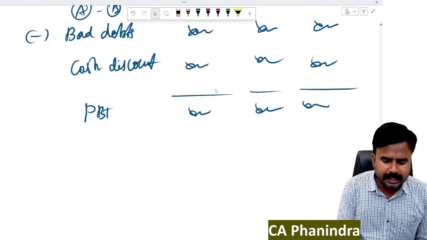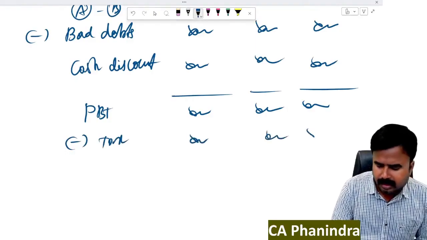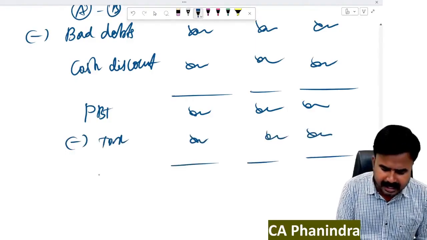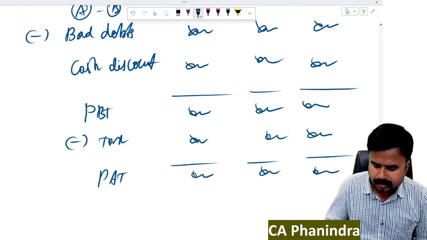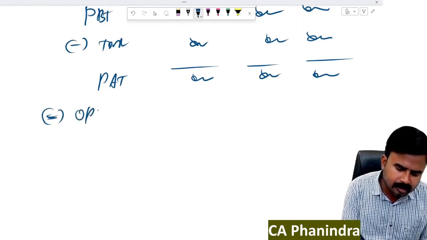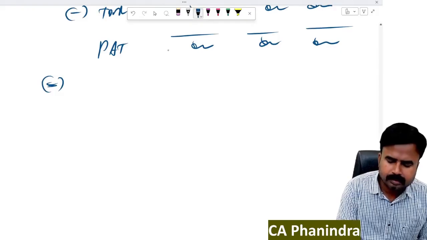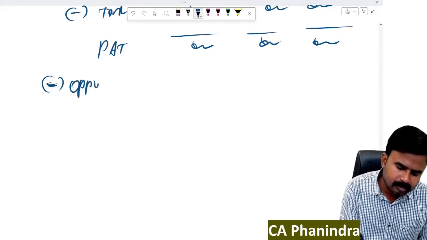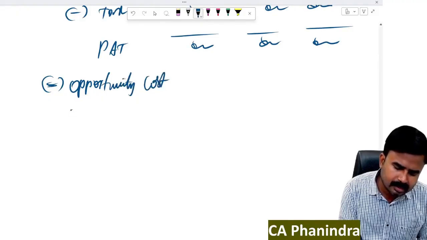From that, please deduct your income tax. Then I'm going to get profit after tax less opportunity cost of investment in debtors.